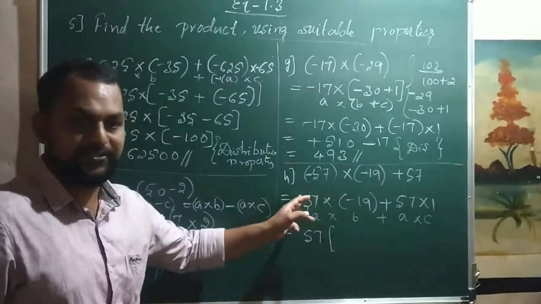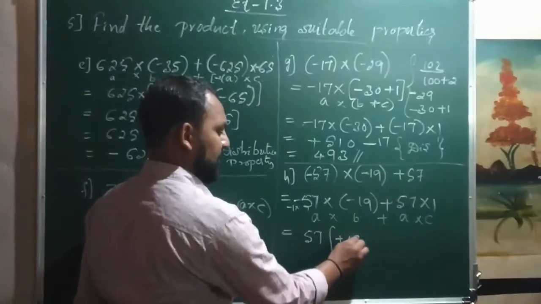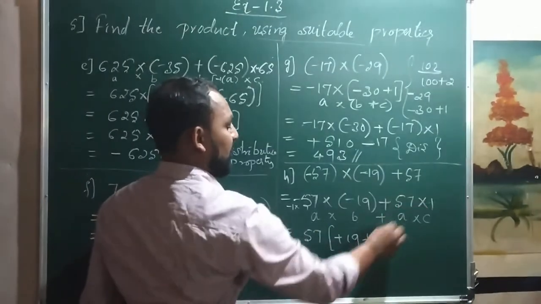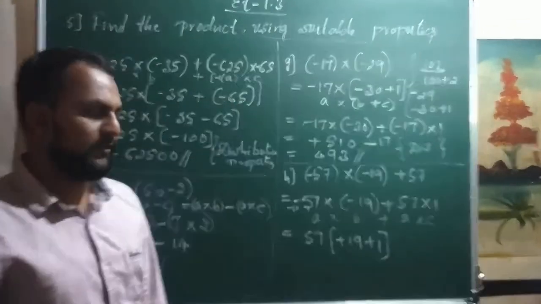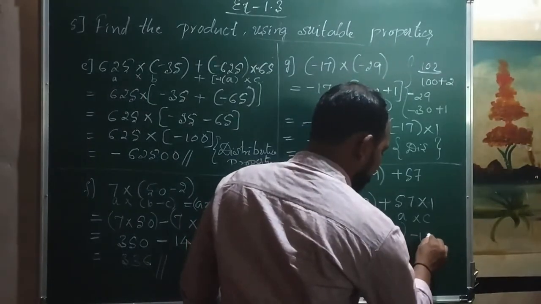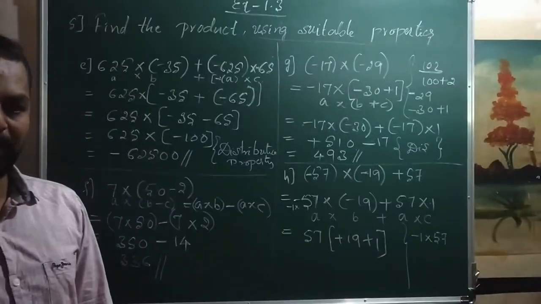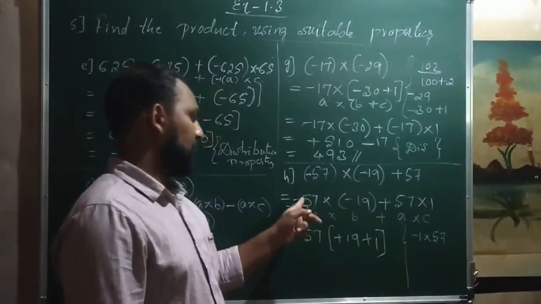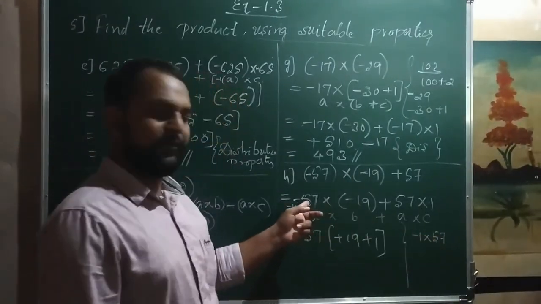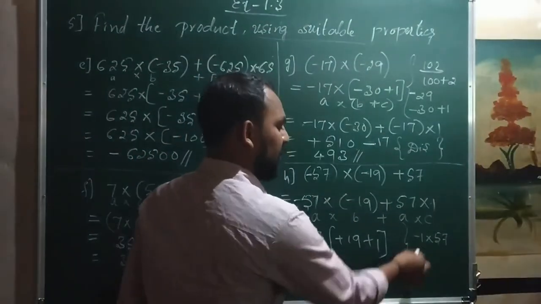Here the minus 1 is common, so minus into minus is plus 19 plus 1. Minus 1 into 57, plus into minus, minus 57 into 1.